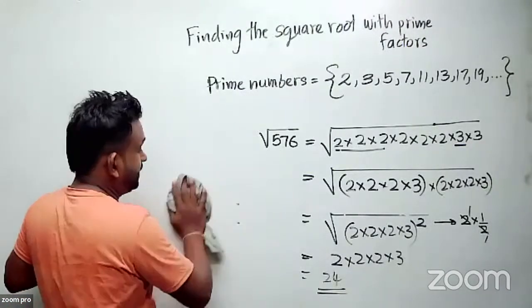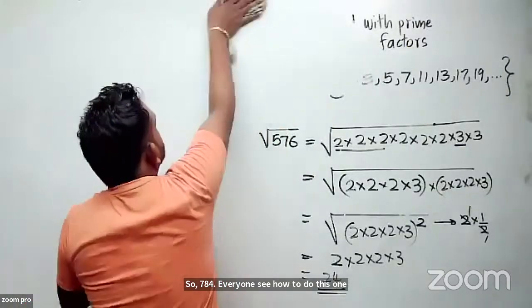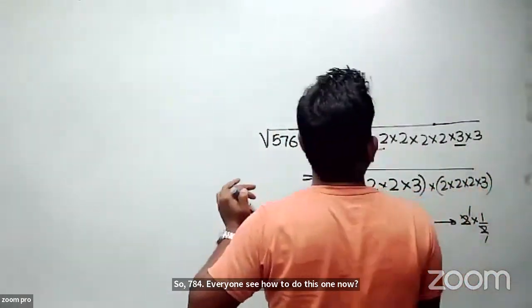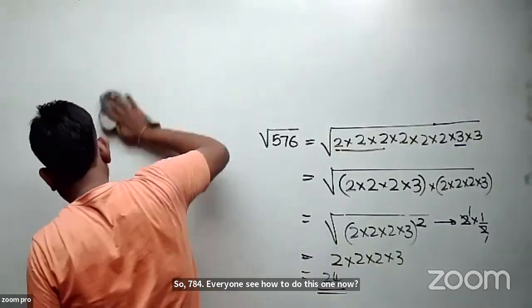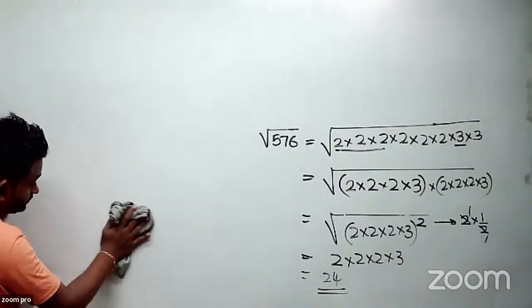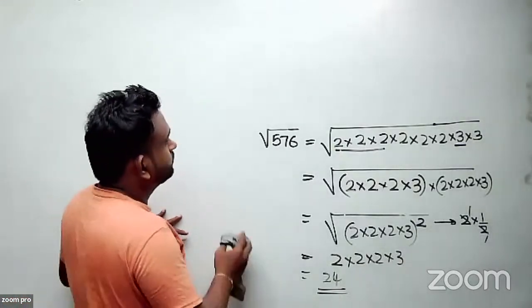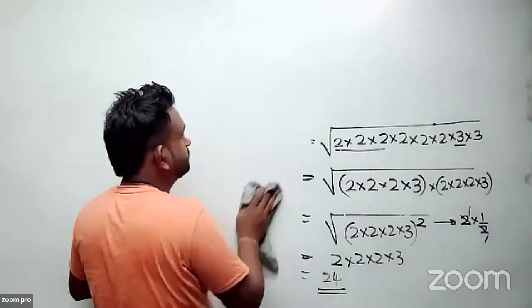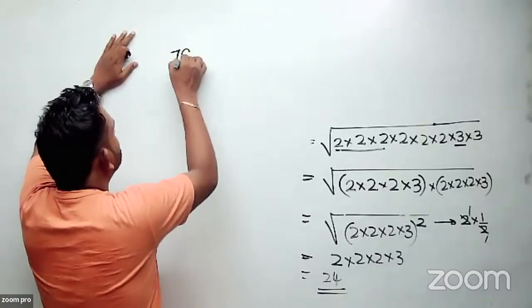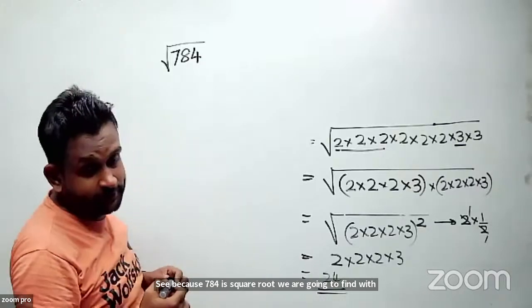So 784. Everyone see how to do this one. See, son, we are going to find the square root of 784 with this method.